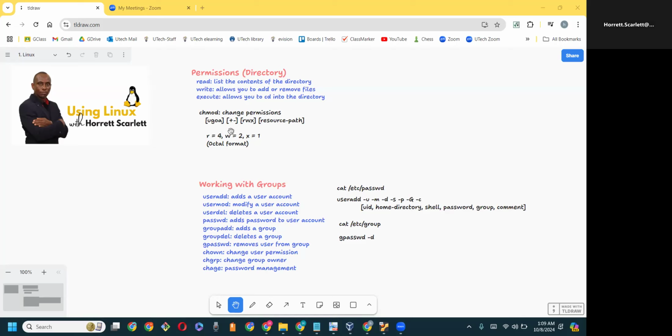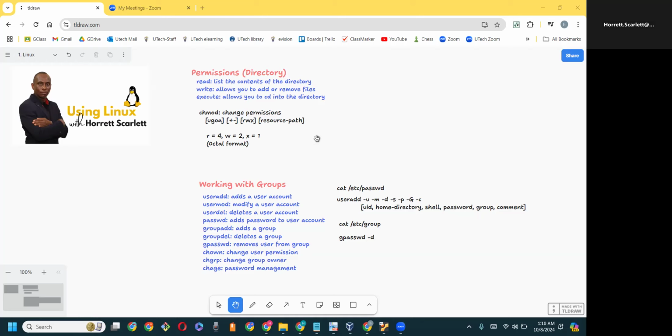We want to now move into another way of doing a similar thing, but this time it is known as the octal format. And this is going to be more compact, but there's a few things that we need to look at so that it makes sense.